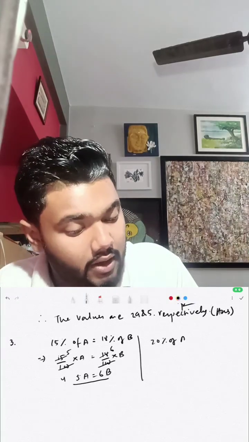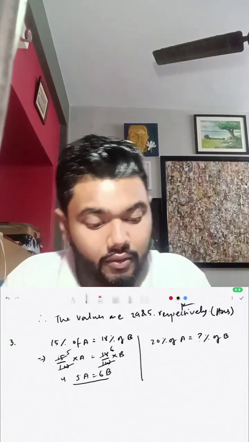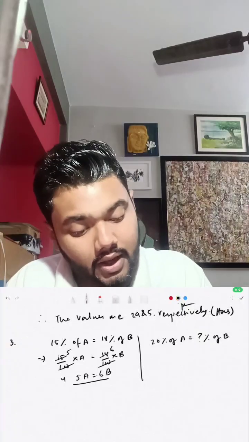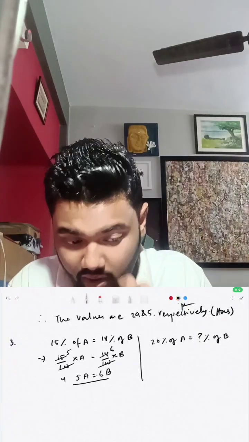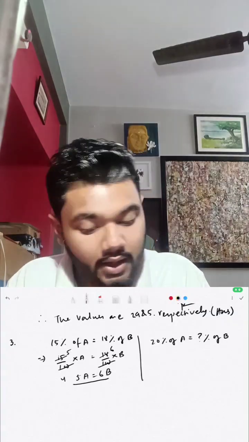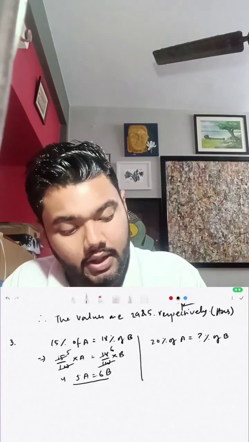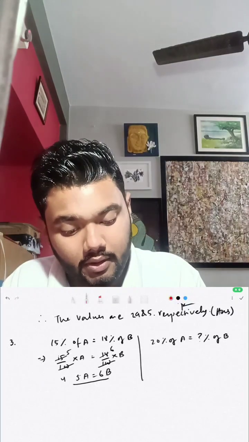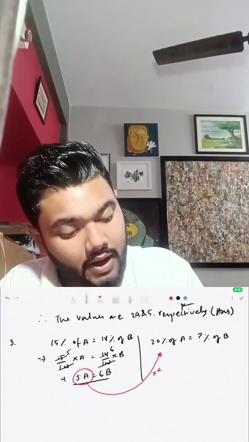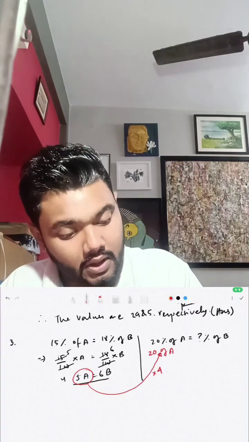20% of A is equal to what percent of B? So we can see here 5A is there, right? If we multiply 5A by 4, we get 20 of A, right?